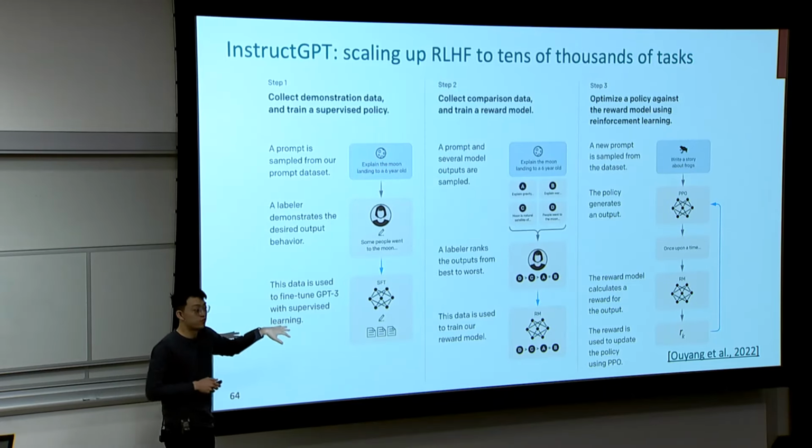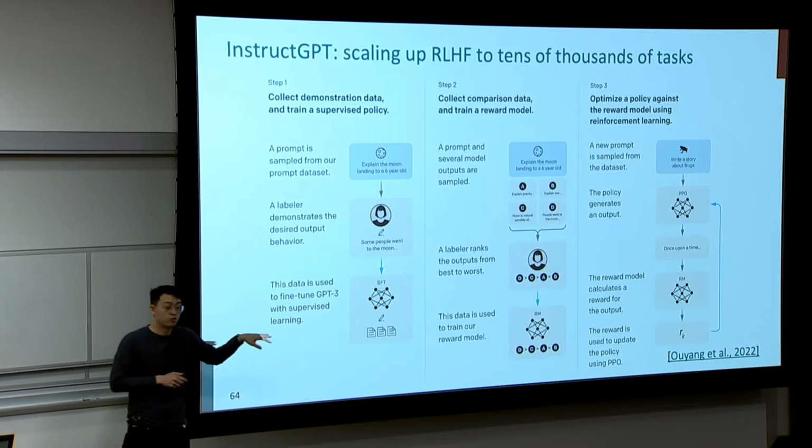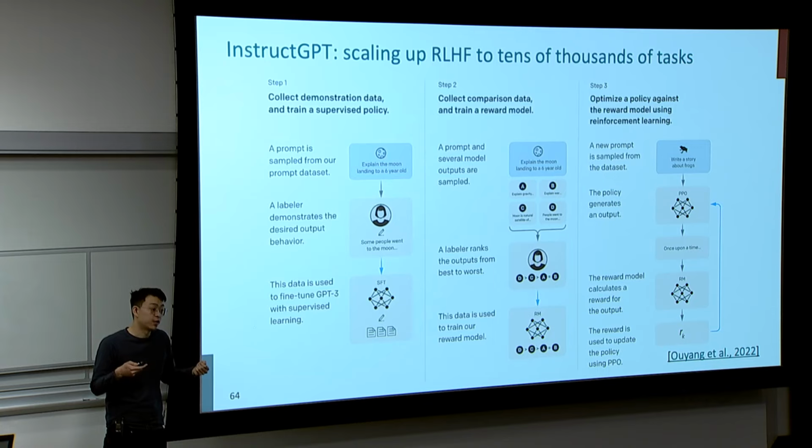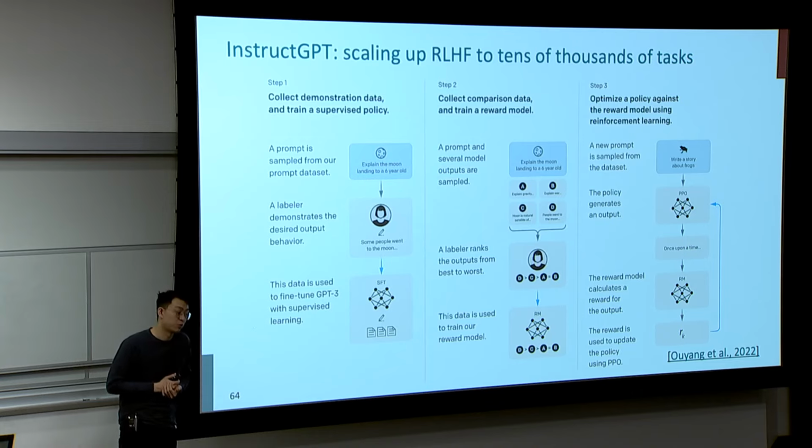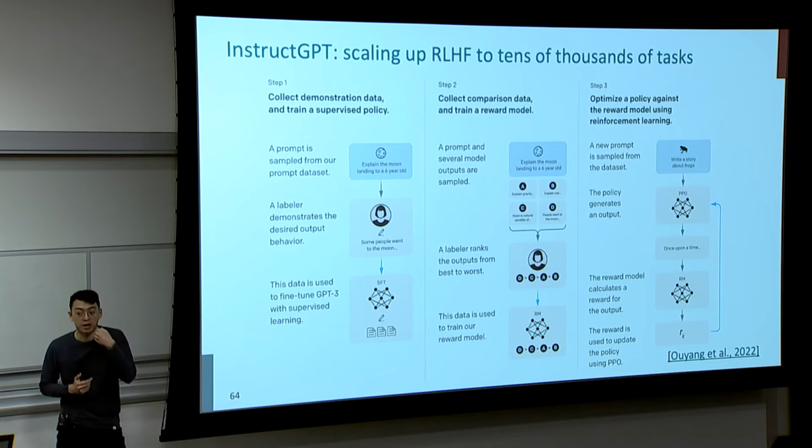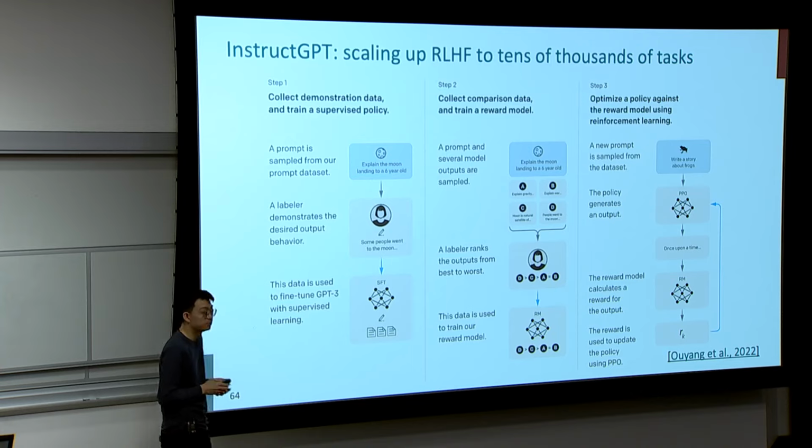You sample a bunch of outputs from your language model, you get humans to rate them, you then do RLHF to update your model again, and then you sample more outputs and get humans to rate them. In general, the rewards are done on sampled model outputs, because those are the outputs that you want to steer in one direction or another. But you can do this iteratively, where you do RL and then train a better reward model based on the new outputs and continue. I think they do a few iterations in InstructGPT, for example.